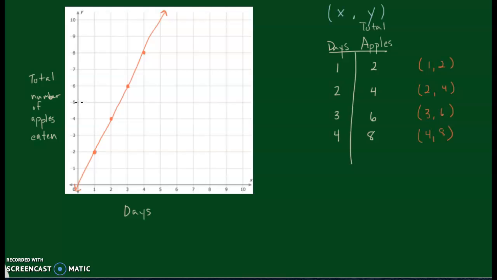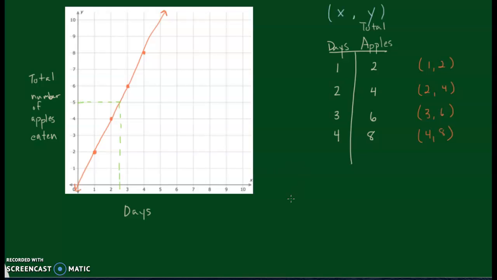So we're going to go out from 5 until we meet the line of our data. And then from there, we're going to go straight down. And we can see that the 5th apple was eaten between days 2 and 3.